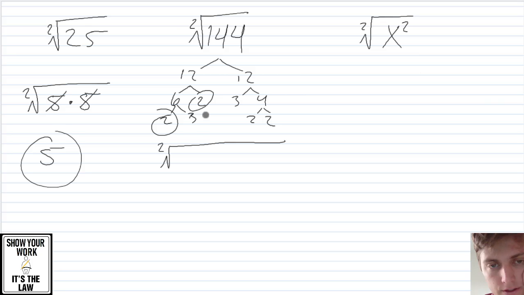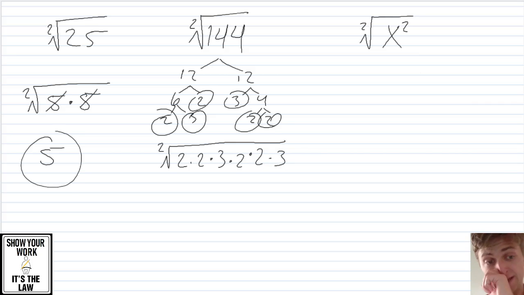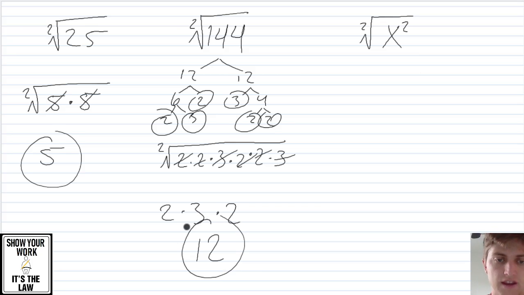We got a 2, a 2, a 3, and a 2, a 2, a 3. And because we're taking the square root, we want to find everything that shows up twice and pull it outside. So we got 2 2s, we got a 2 out here. We got 2 3s, we got a 3 out here. We got 2 2s, we got a 2 out here. 2 times 3 is 6, times 2 is 12. So that's how we know the square root of 144 is 12.